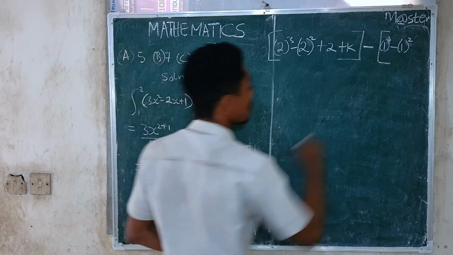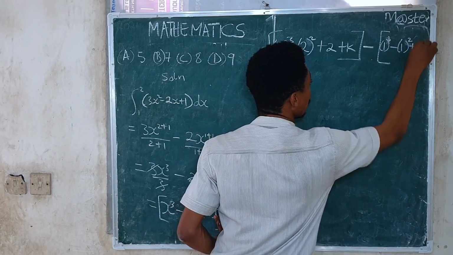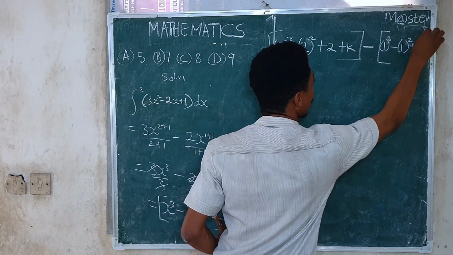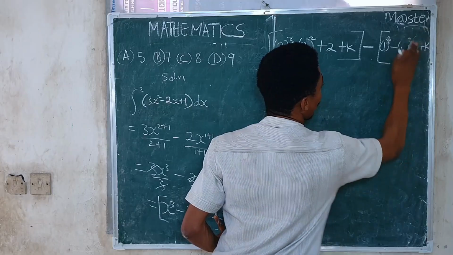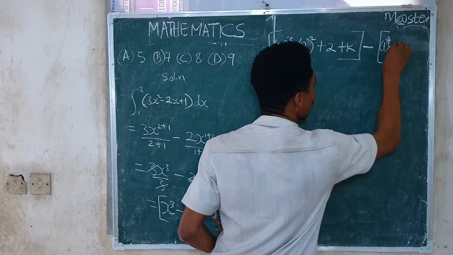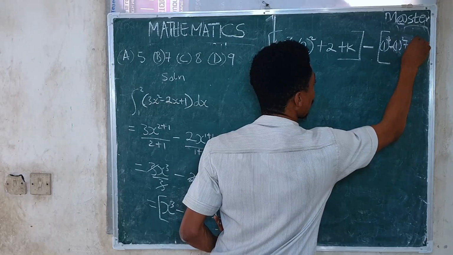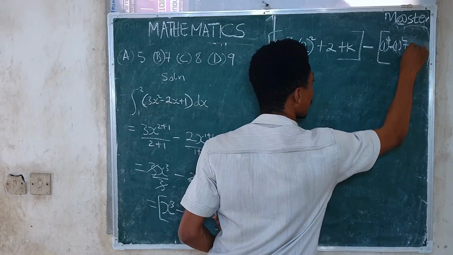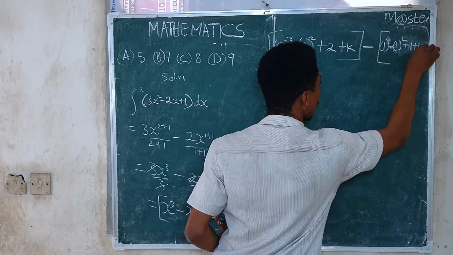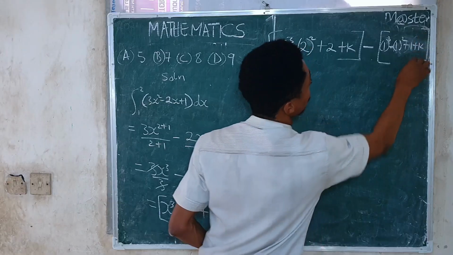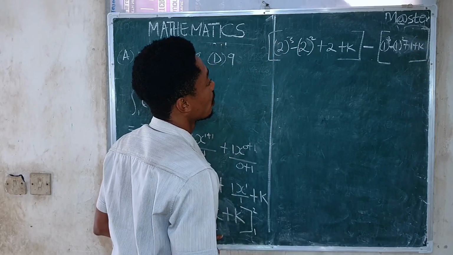Plus x, that's plus 1, plus k, and we close the bracket.